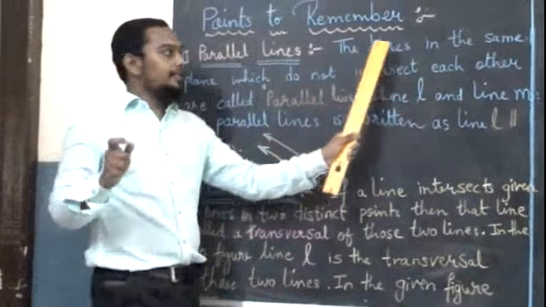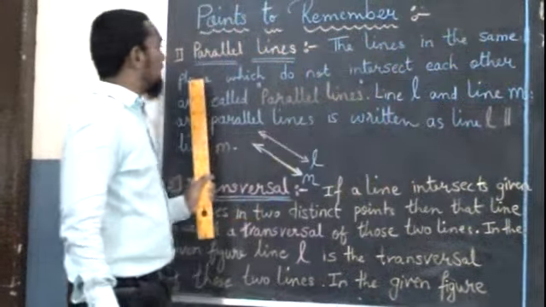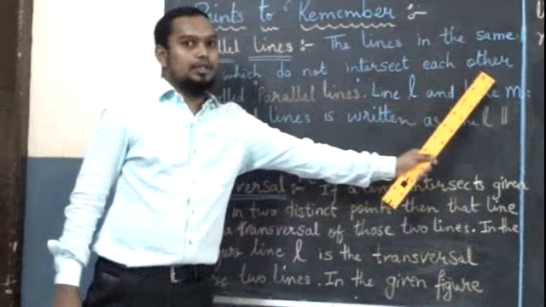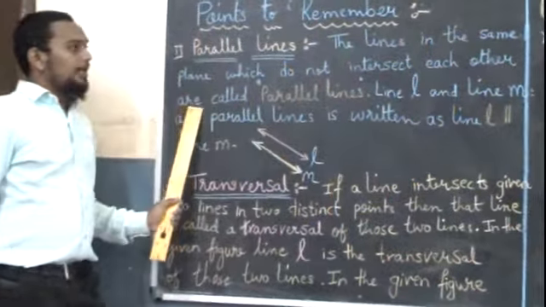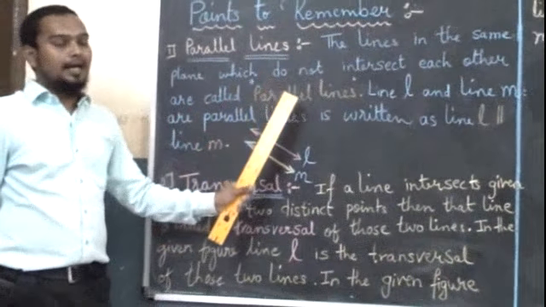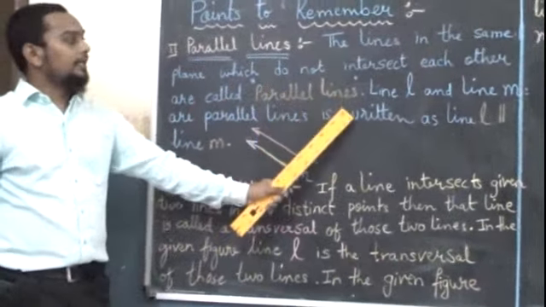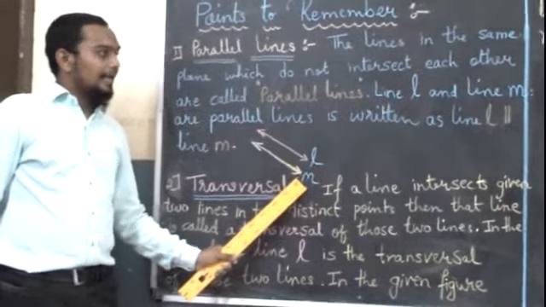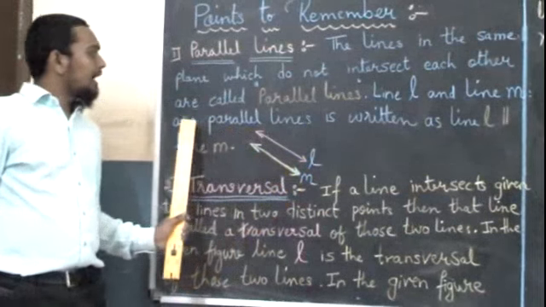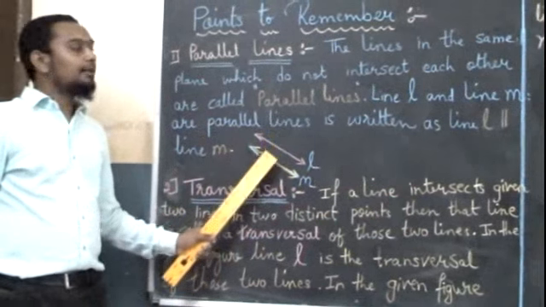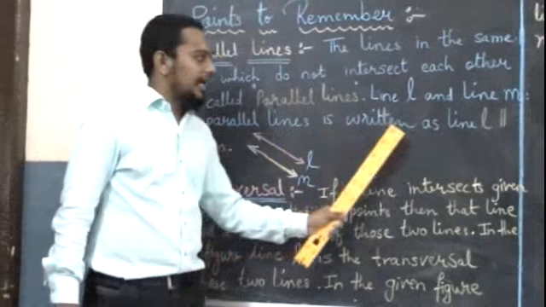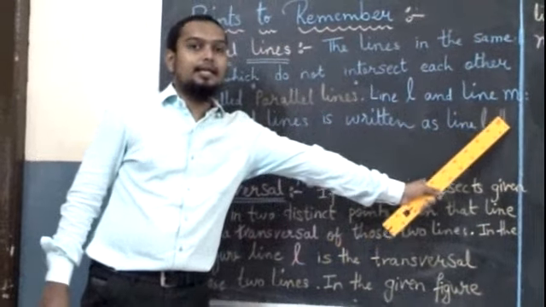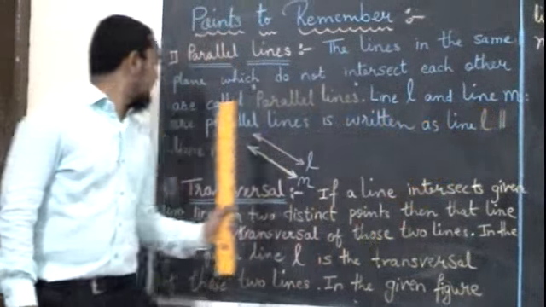The lines in the same plane which do not intersect each other are called parallel lines. Line L and line M, these two lines are parallel, is written as line L, this is the sign of parallel, and line M.